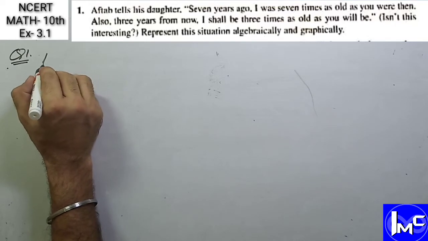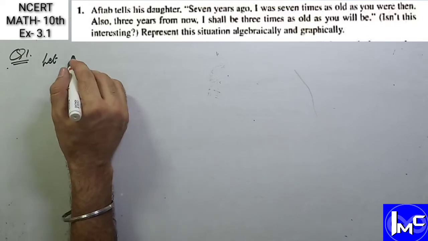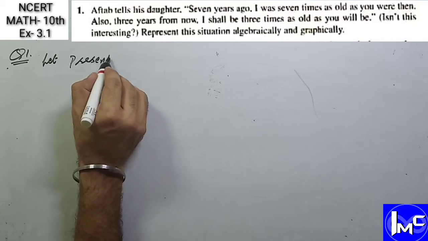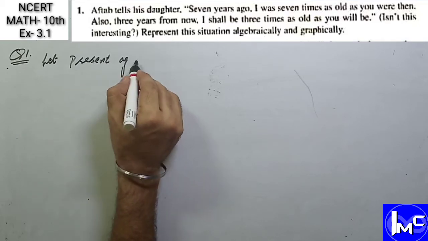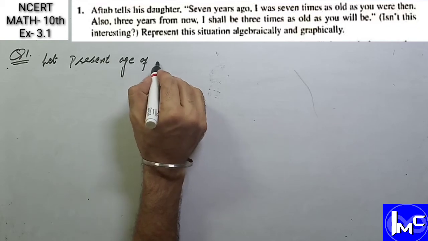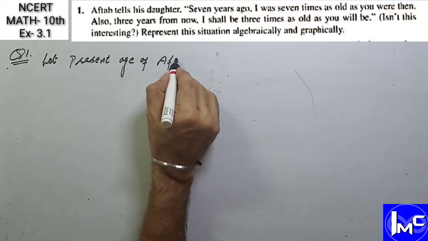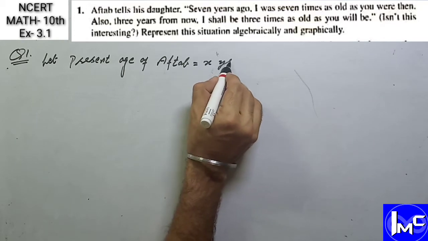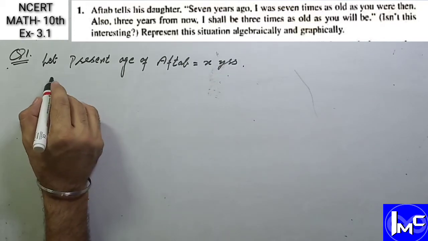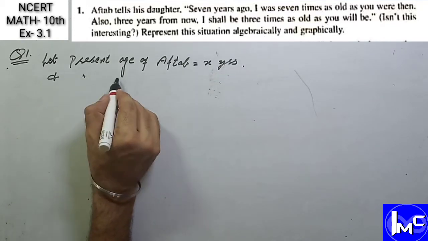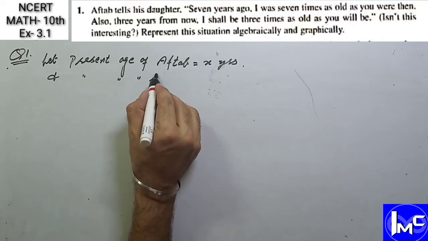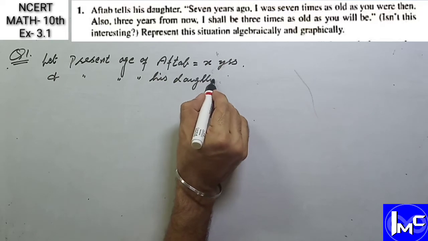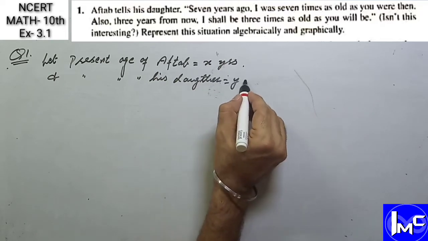Let present age of Aftab is equal to x years, and present age of his daughter y years.